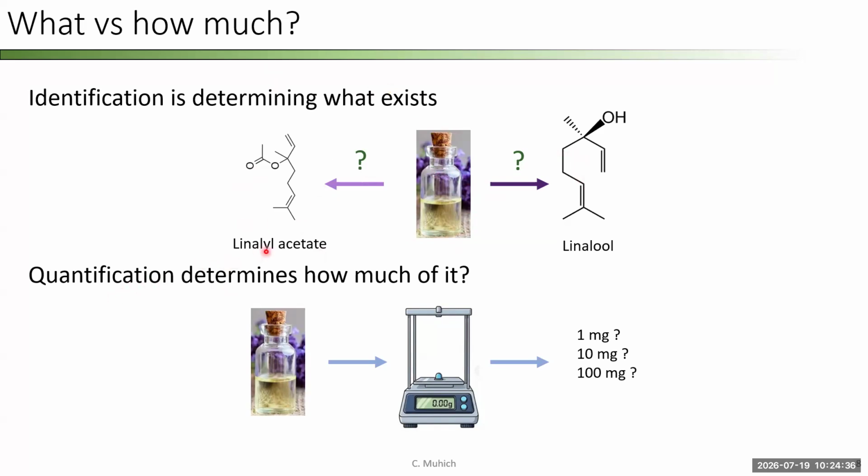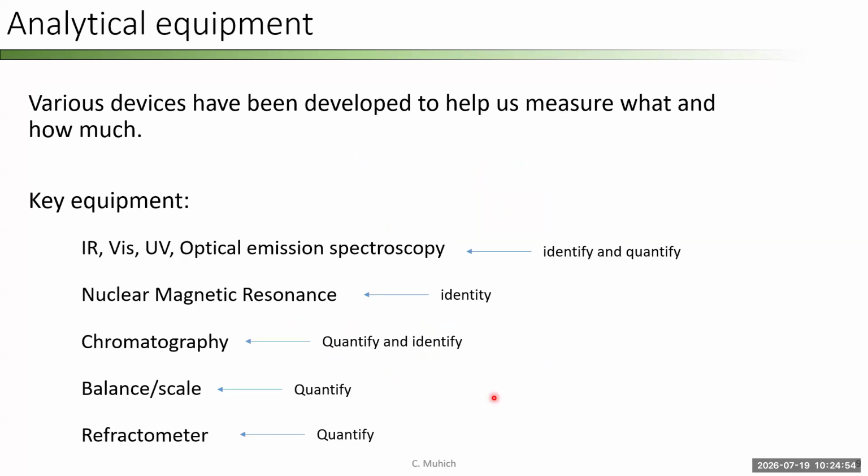And then once we know which of these exist, we often want to measure how much of each exists. So not just how much total, right, which we can do, but how much of each individual component, right? And so this is quantification. So how much exists. To do this, we use various analytical equipment to help us measure both what exists and how much of it exists.